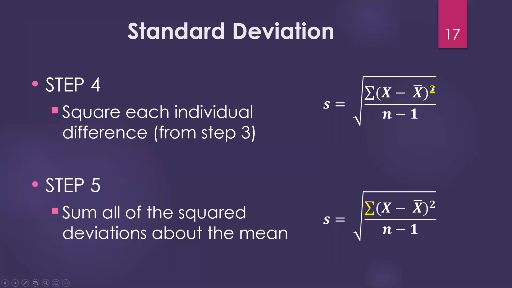Step 4, now we're breaking down this part of the formula, is the square part. We're squaring each individual difference from step 3. And then step 5 is we're going to add up or sum up. Remember, the sigma means add up everything that comes after it. Add all of those up.